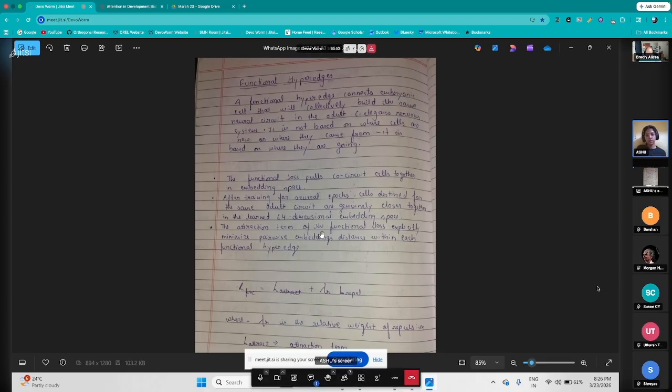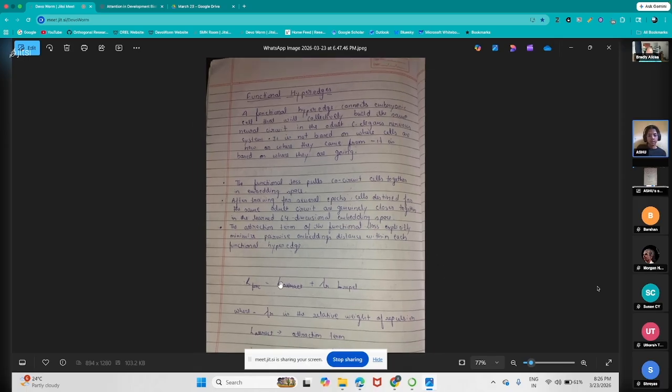And the attraction term of the functional loss explicitly minimizes pairwise embedding distances. The functional loss is found by the attraction loss plus lambda r, which is the relative weight of repulsion, multiplied by the repulsion loss.